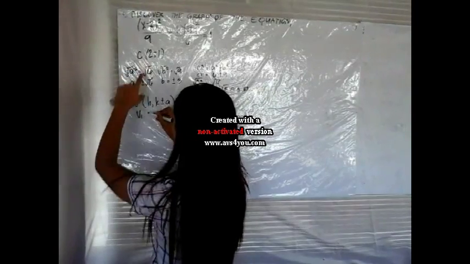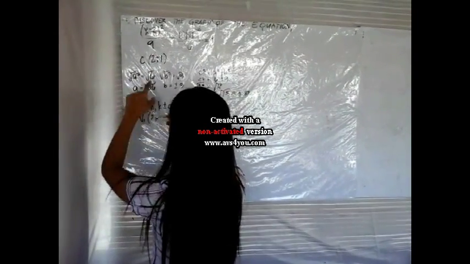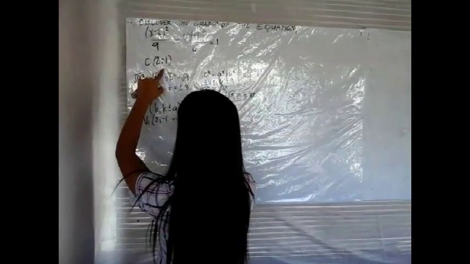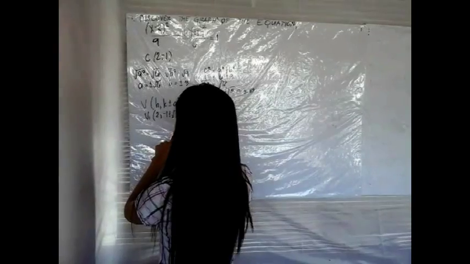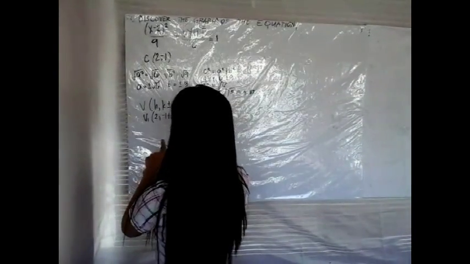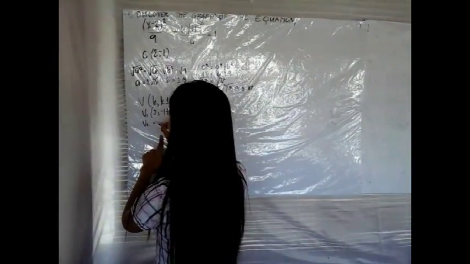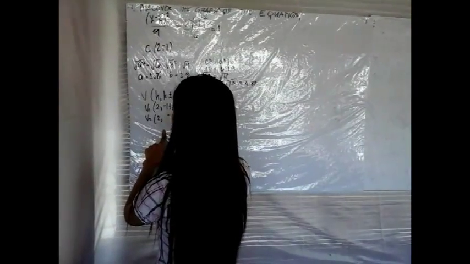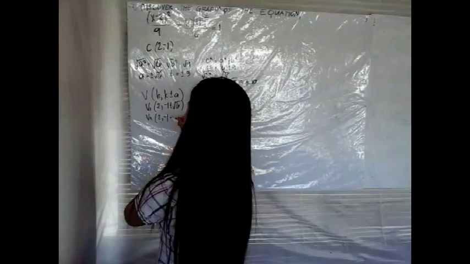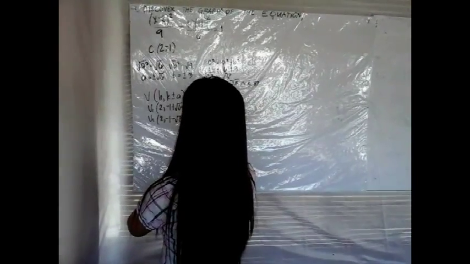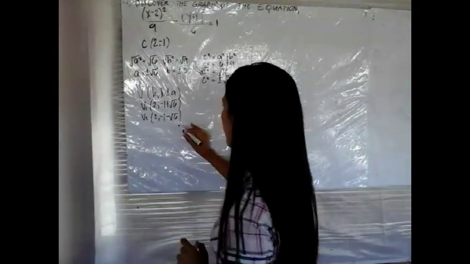To find our vertices, by having this formula h and k, positive negative a, our vertex 1 is: the value of our h is 2, and our k is negative 1, plus the value of our a, square root of 6. And our vertex 2 is 2 and negative 1 minus square root of 6.